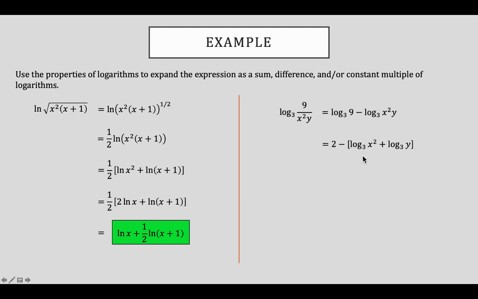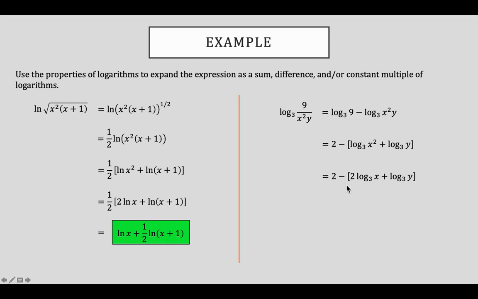So we have to remember we're going to have to distribute this negative in just a second. So we have minus bracket log base 3 of x squared plus log base 3 of y. I can now use my power property here as well to bring this squared to the front as a constant multiple. We have 2 minus bracket 2 log base 3 of x plus log base 3 of y.